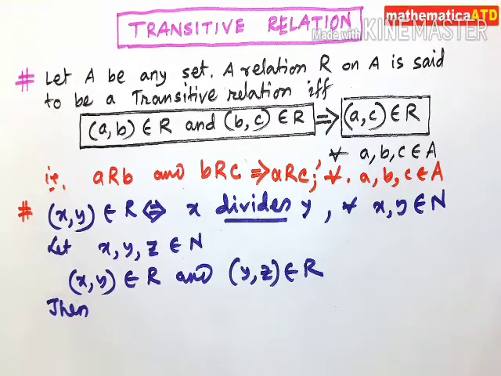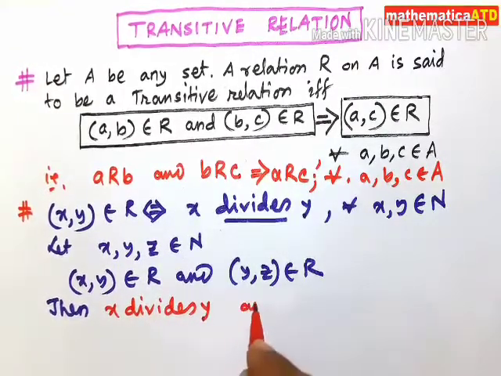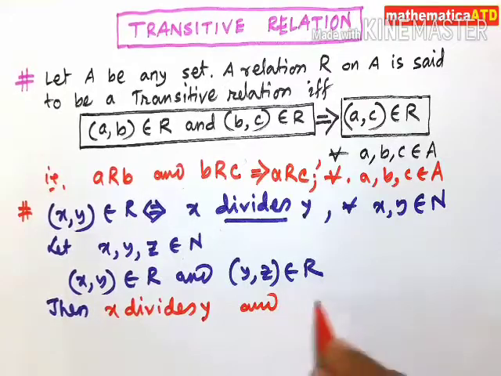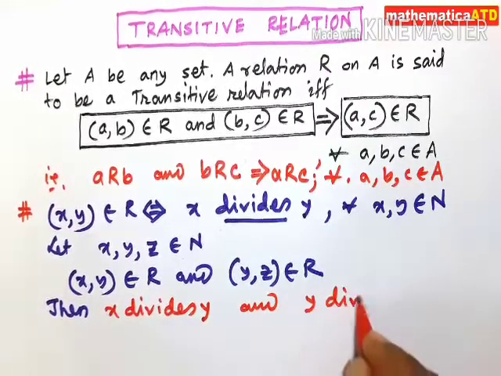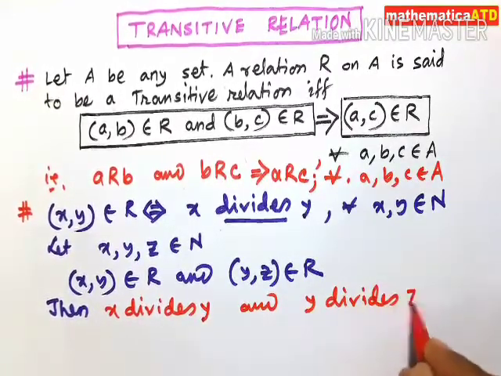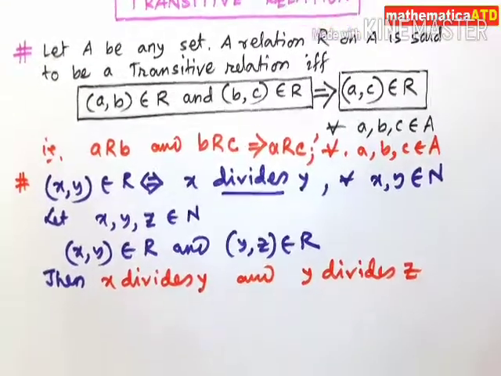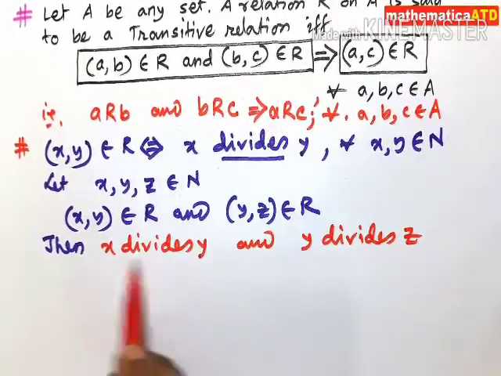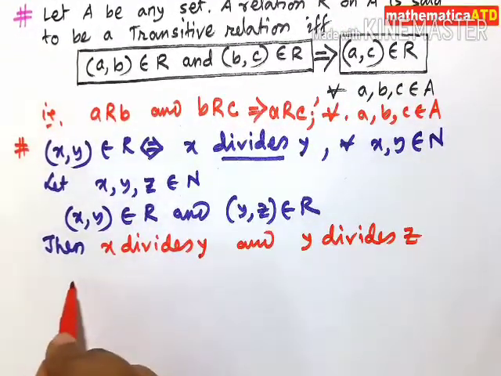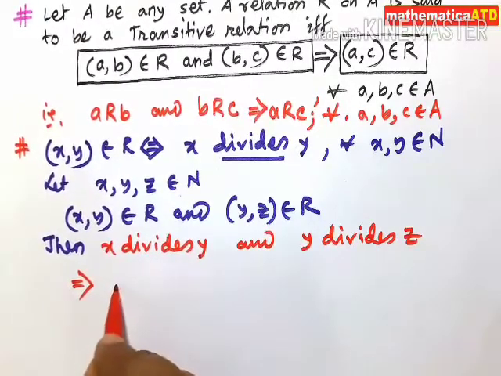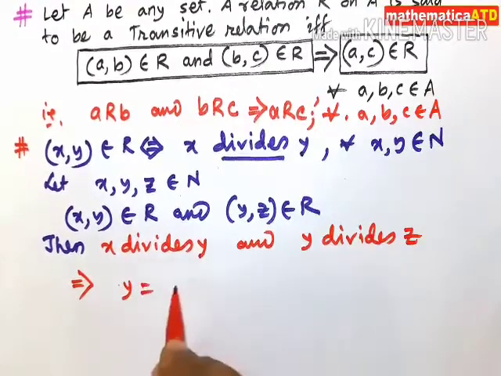We can write from here that x divides y, and (y, z) belongs to R means y divides z.